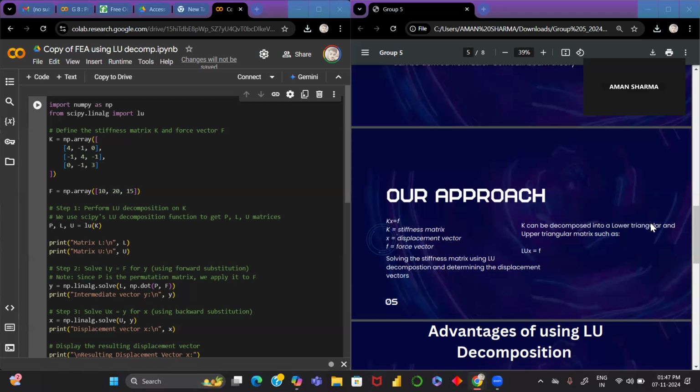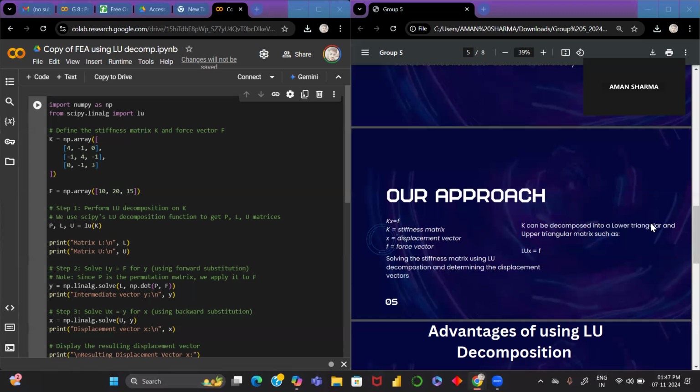And there is another matrix called the permutation matrix, which accounts for the row swaps during decomposition. Coming to the code, we use two libraries in Python, that is NumPy and SciPy.